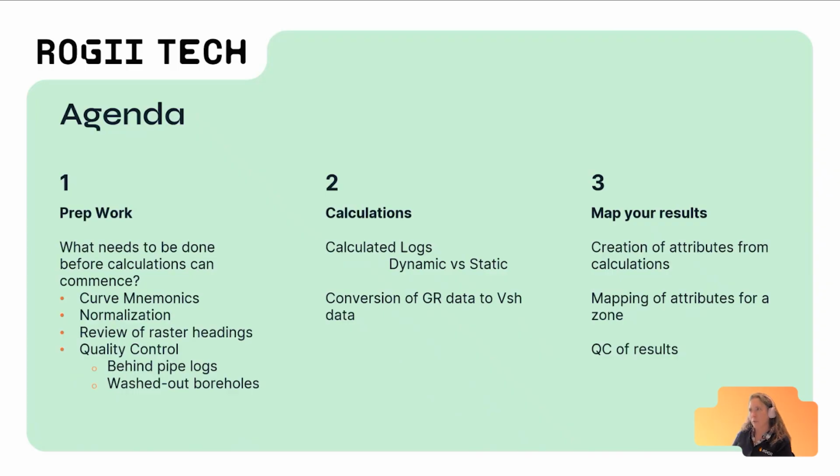We now have a dynamic curve versus just our static curves that you would normally stream in from the rig. And then I'll walk you through converting that gamma ray data into a simple V-shell. Last, I'll show you how you can take that V-shell and create an average attribute over a specified zone and map that attribute.